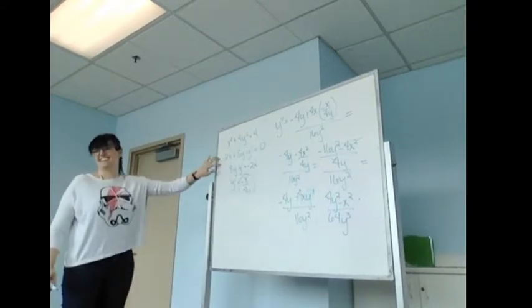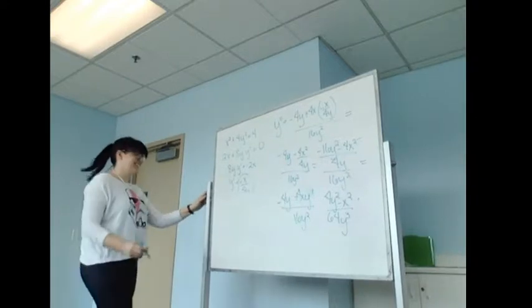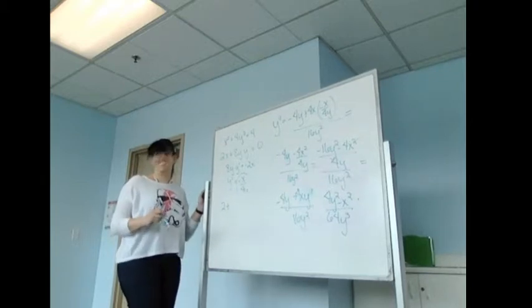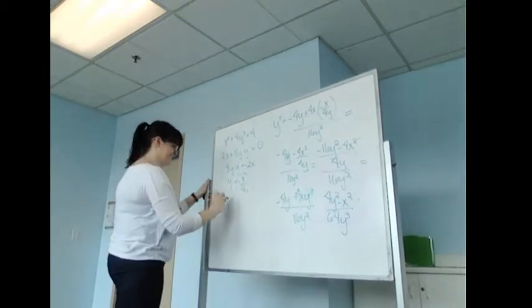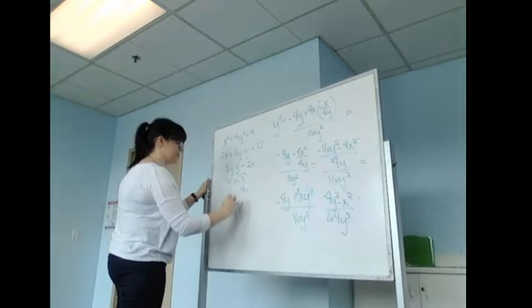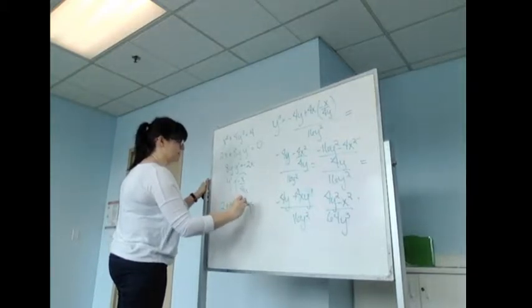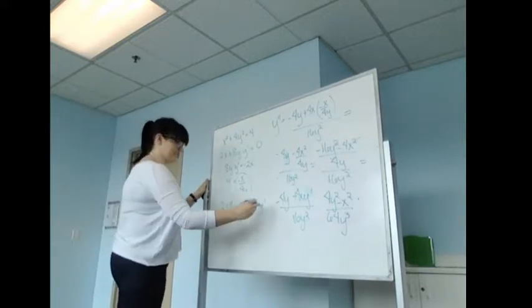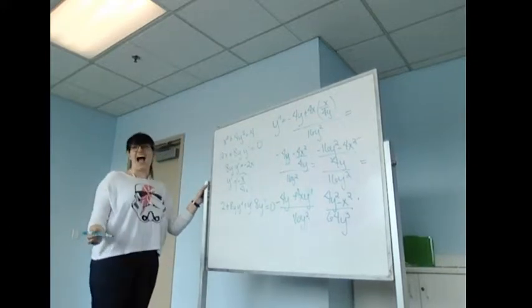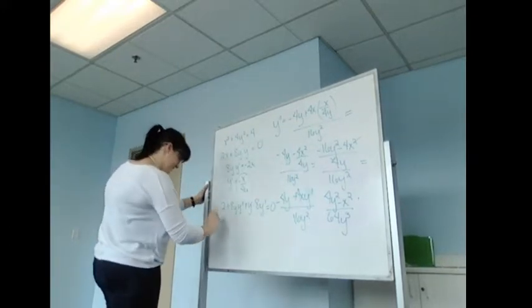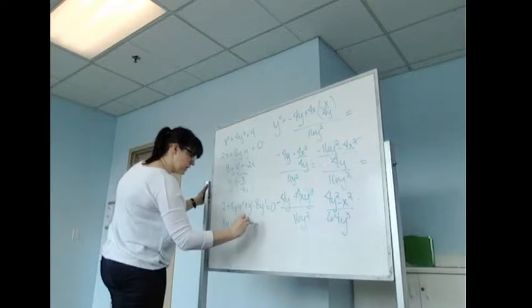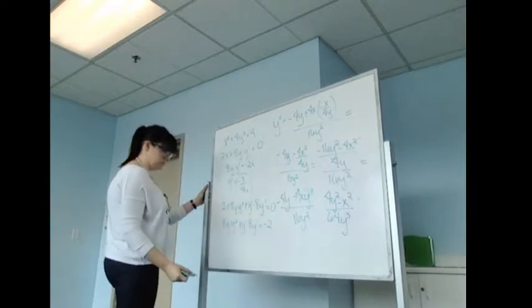I'm going to differentiate this again because it's easier. 2 plus, so far, so good. All right, product rule: 8y times y double prime plus y prime times 8y prime equals 0. So 8y times y double prime plus 8y prime squared equals negative 2.